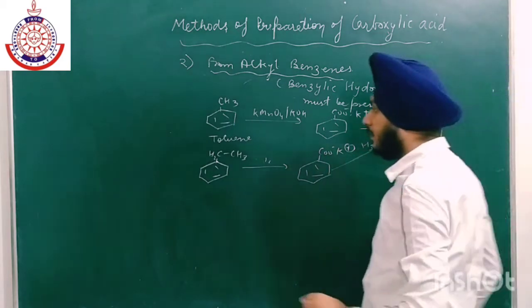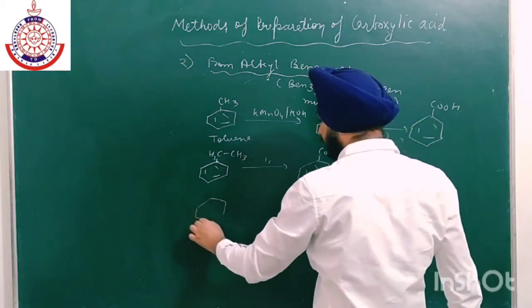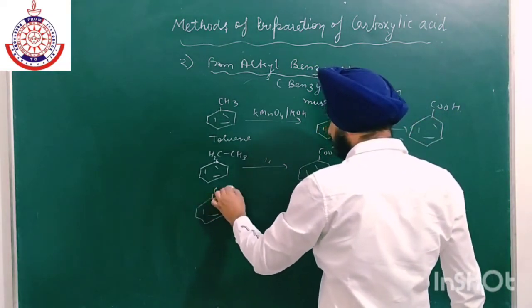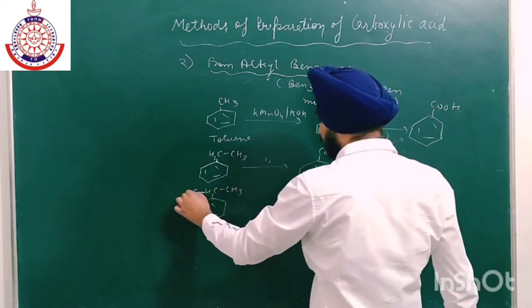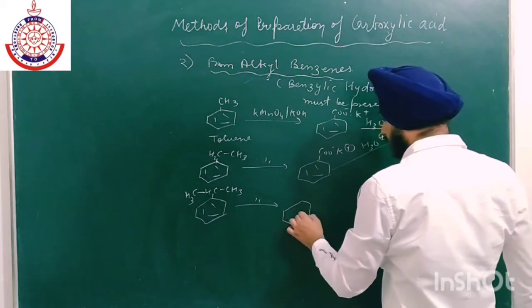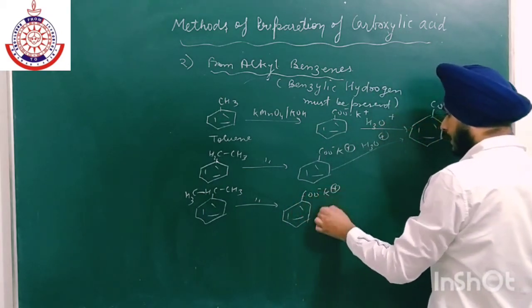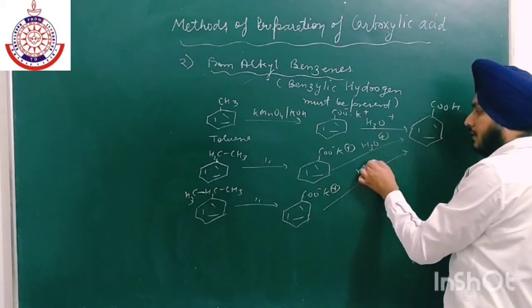Now if I am again replacing one hydrogen with another methyl group, then again the reaction gives COO negative K positive, and again with hydrolysis we will get the same product.